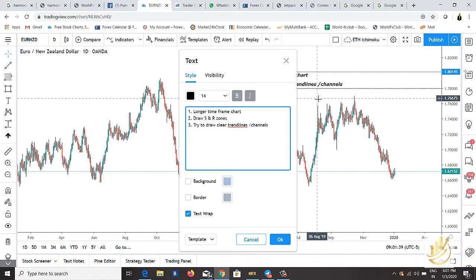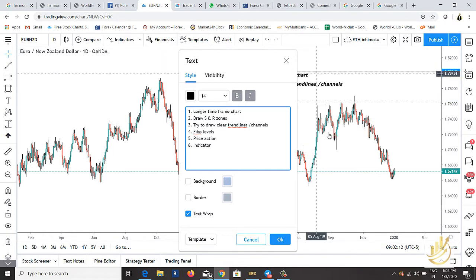Then Fibo levels. Then what else? Yeah, price action, very important. And if you want to use any indicators, you can, but do not use too many indicators because the chart looks messy and it's not required at all.